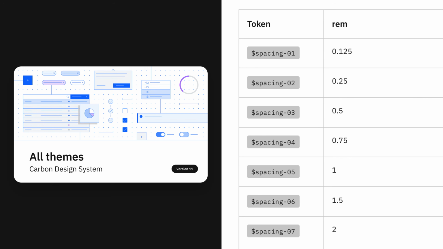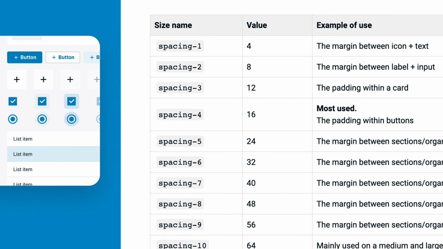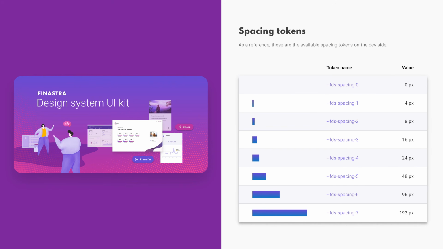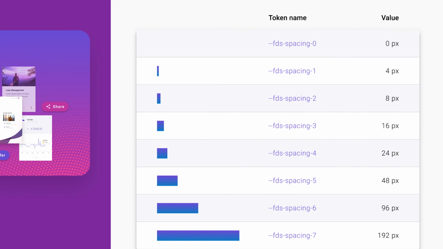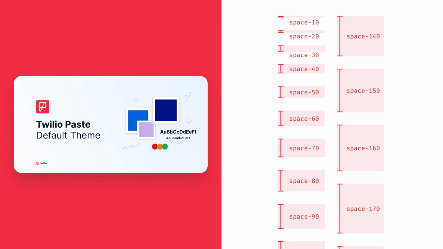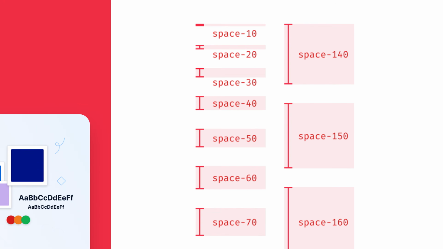When we look at carbon, you can see the names are spacing 01, spacing 02, spacing 03, and so on. For decathlon, they use spacing 1, spacing 2, spacing 3. For Finestra, they use FDS spacing 1, FDS spacing 2, FDS spacing 3. And if we look at Twilio Paste, they use space 10, space 20, space 30, and so on.